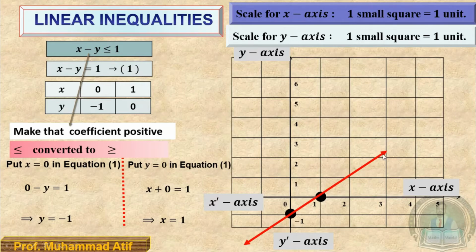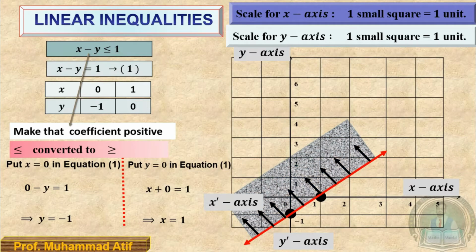Your required shaded area is above the line. It reverses the less than sign into a greater than sign, so you should shade above the line. This area is the required region. Hopefully you understand this. Actually, it's a very important point, how to shade the region.